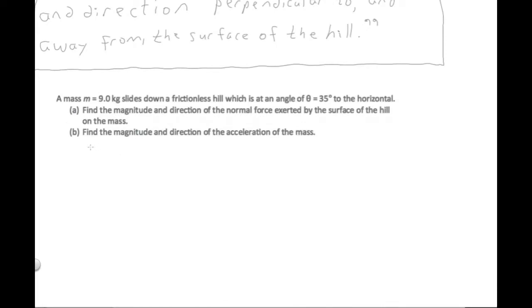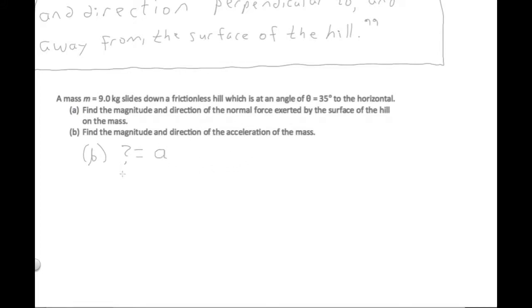Remember that for each question, you should try to write down a question mark that will help you to represent the question. The question's asking for the magnitude of the acceleration. A good symbol for that is a without the arrow. A with the arrow represents the complete acceleration, including direction.